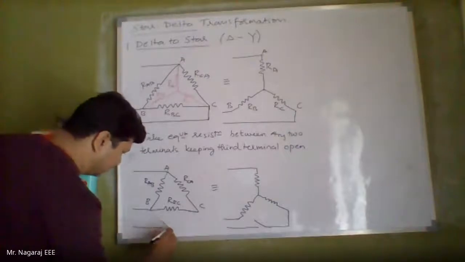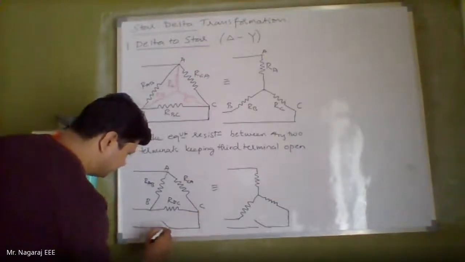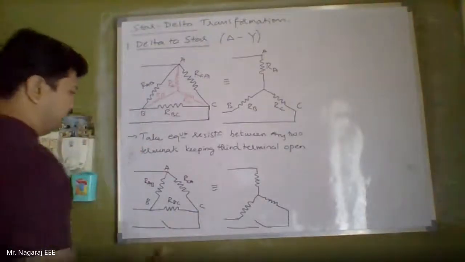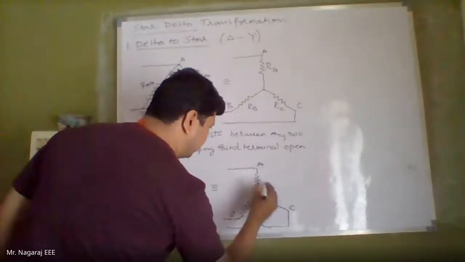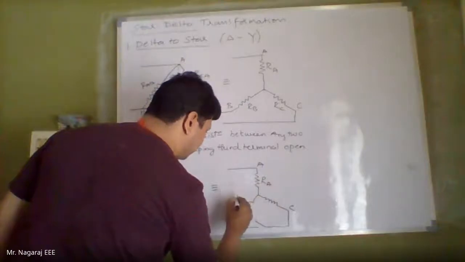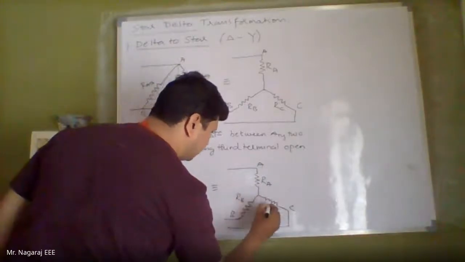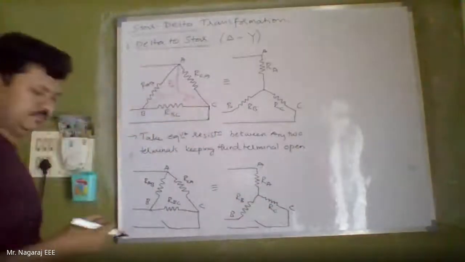You can take an open switch here. This is A, B, and C, RA, RB, and RC.